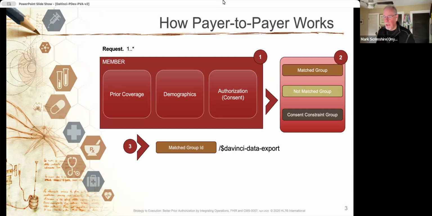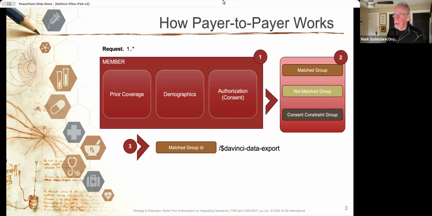That's submitted to the old payer, who will take that information and check whether they match. If they do, great, let's put them into a matched group. If they don't, I'll tell you that they don't match. And if the way the consent is structured means I can't comply, for example, I cannot separate out sensitive from non-sensitive, I'm going to send back a consent constraint saying, sorry, I can't. Payers will want to fail safe.